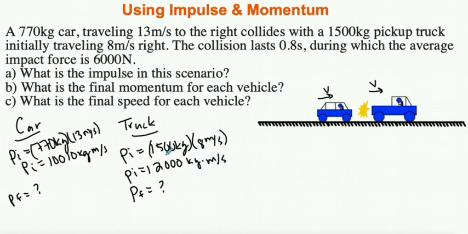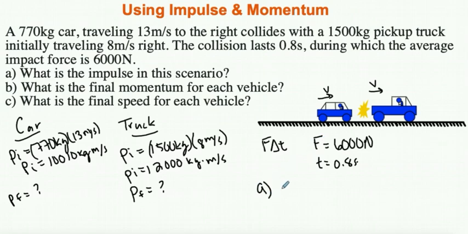Okay, so now this one is worded a little bit differently than the last one. So it says, what is the impulse in the scenario? Well, remember, impulse is just force times change in time. And in this question here, we are given an average force of 6,000 newtons in this scenario, and then the time of the impact is 0.8 seconds. So we're given some information that we can just use to figure out our impulse.